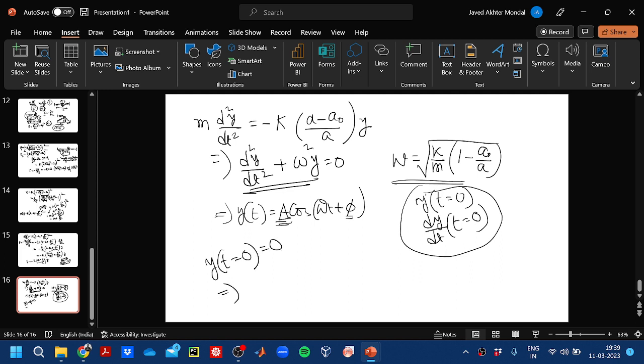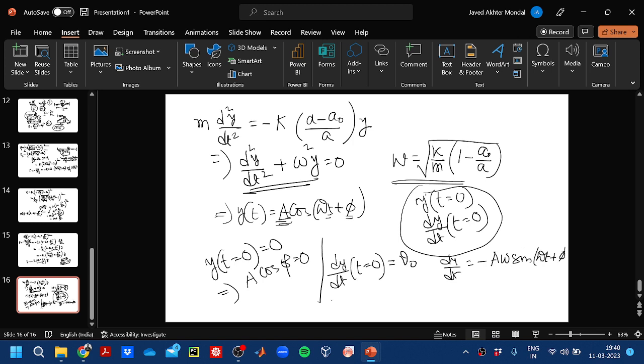That means if we put t equal to 0 here, we will get A cosine of phi equal to 0. And suppose dy by dt at time t equal to 0 is v0. Then dy by dt will be minus A omega sine of omega t plus phi, from the equation.